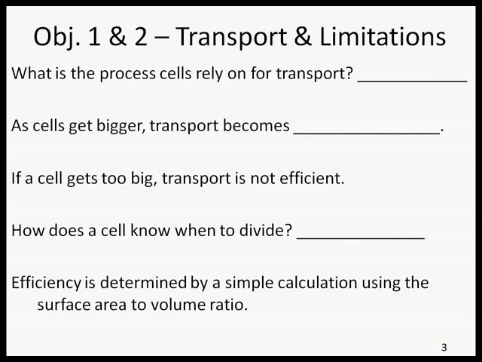So cells rely on diffusion for transport of quite a bit of materials, gases, and other things. And how this relates to our new unit, Unit 5, is talking about cell size, cell cycle, cell division. And your next fill in the blank here, as cells get bigger, transport, at least transport by diffusion especially, just becomes too difficult. Right? It's too hard to transport things by diffusion if the cell is too big.